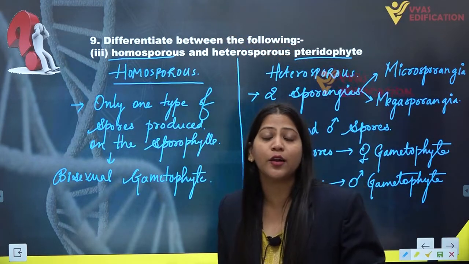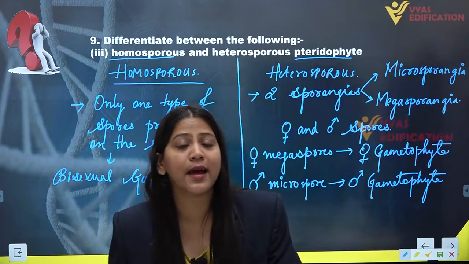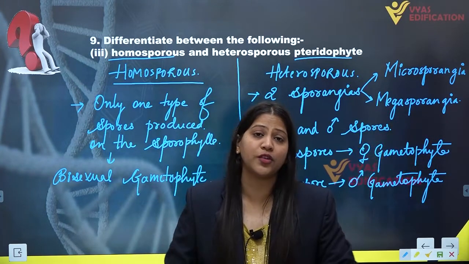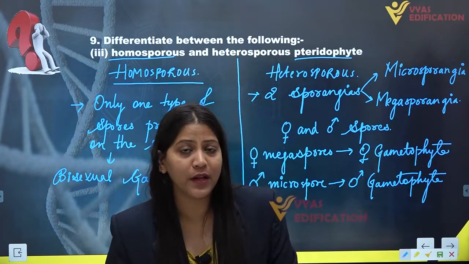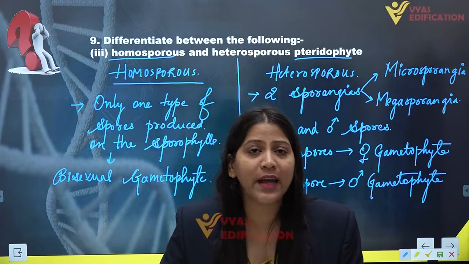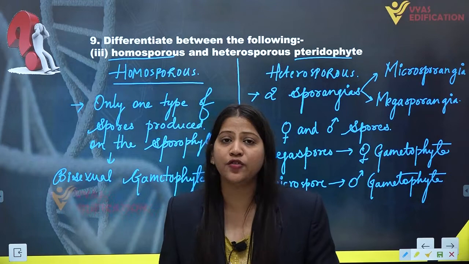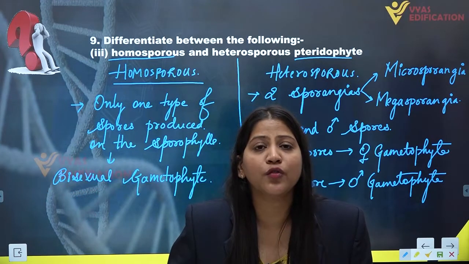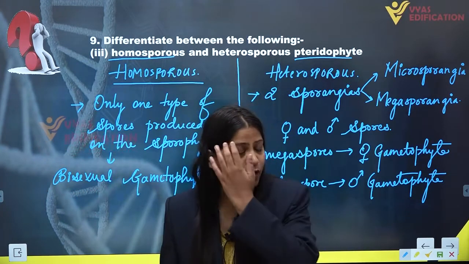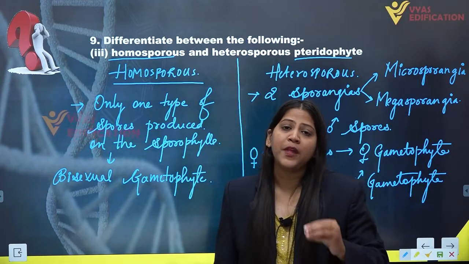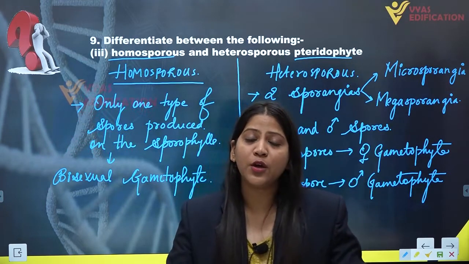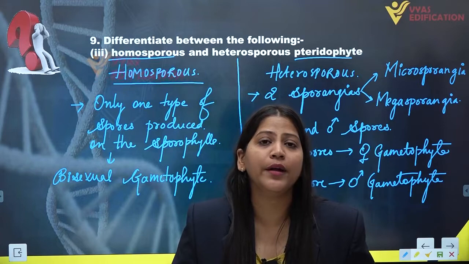Homosporous pteridophytes have sporophylls inside which only one type of sporangia is present, and in these sporangia there are sporogenous tissues, which will undergo meiosis and give rise to haploid spores.